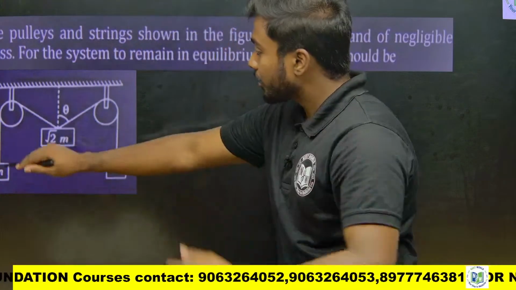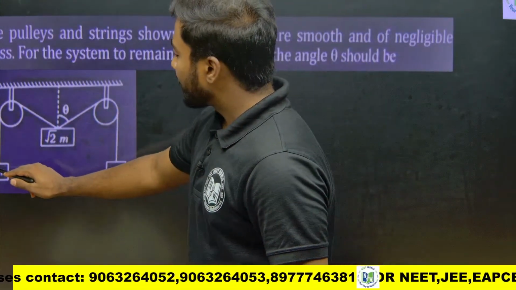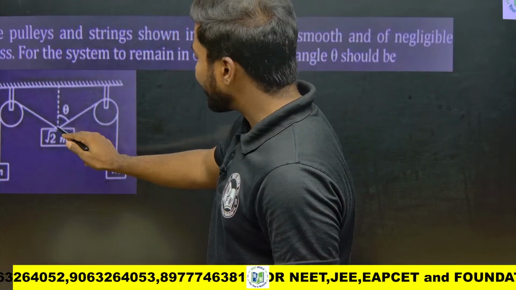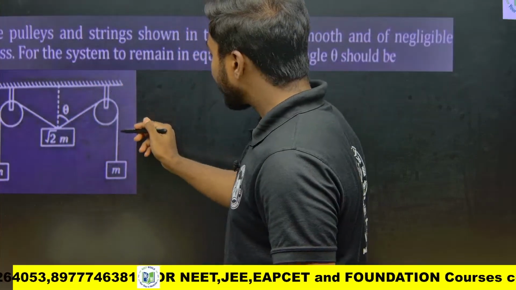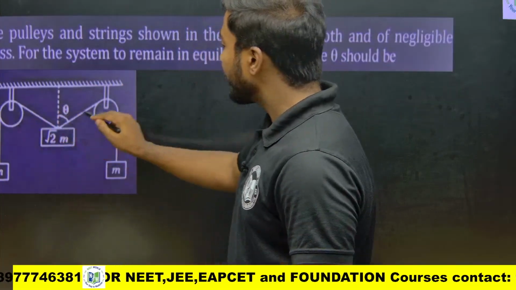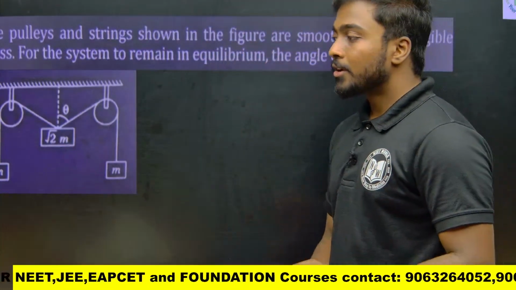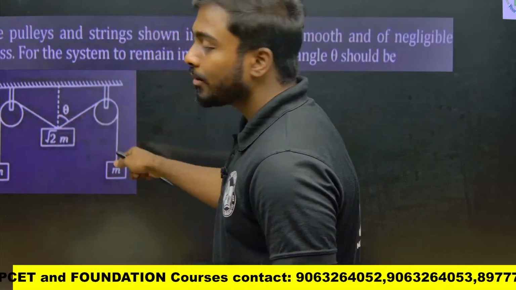Our rope is changing here, from m, small m, to root 2 m; it is the same string, and it is again making an angle with the same rope. So totally it is the same rope only, the string is not changing. So the tension will be the same: if I consider T here, it is T everywhere.